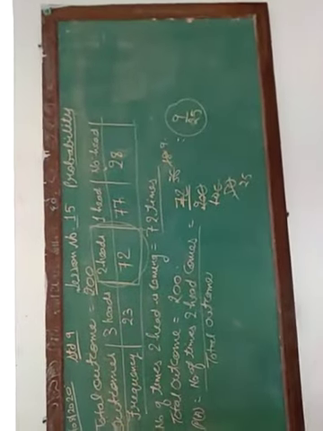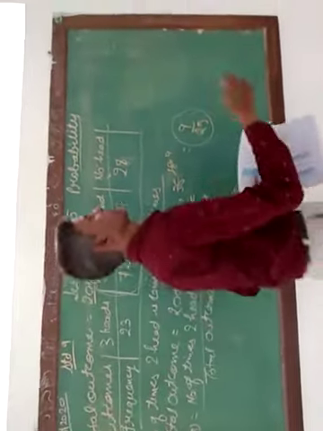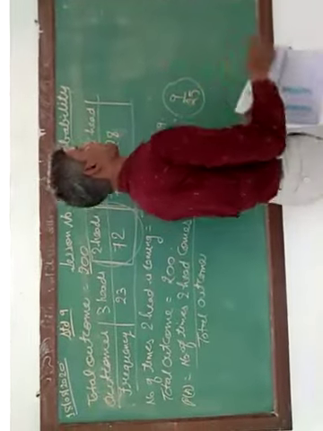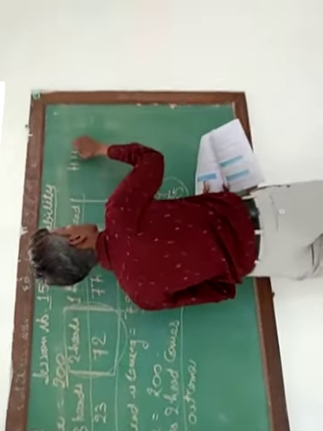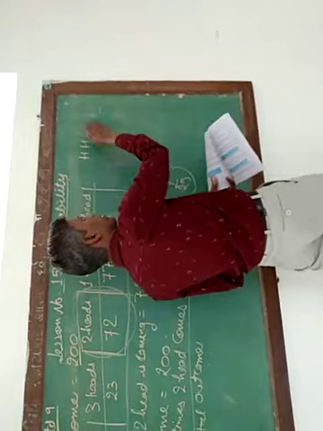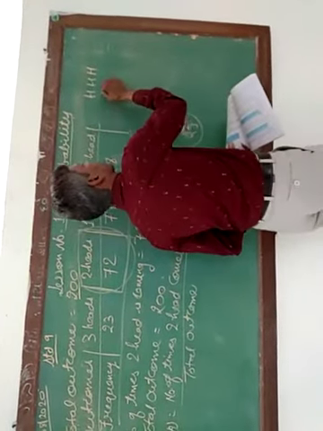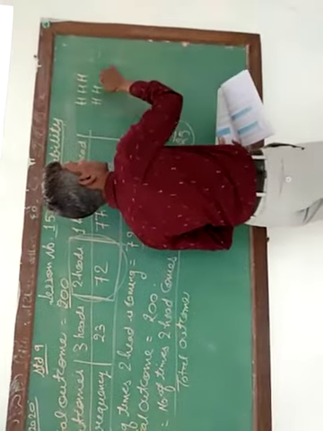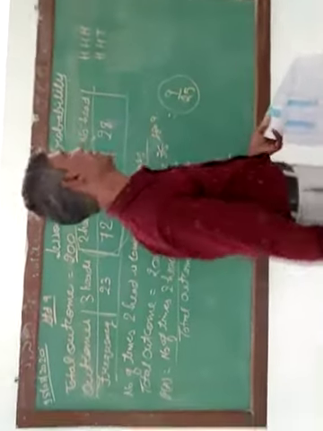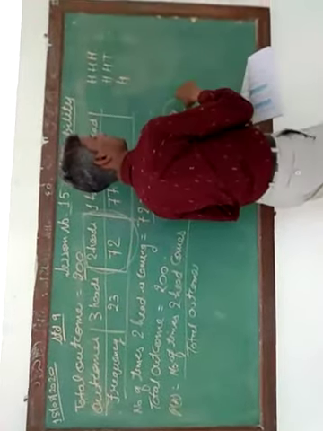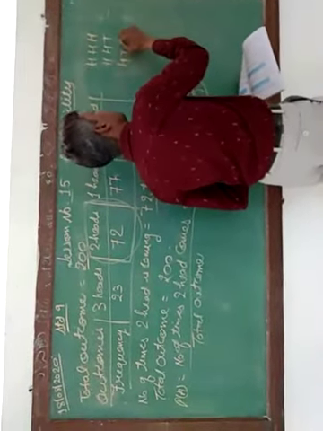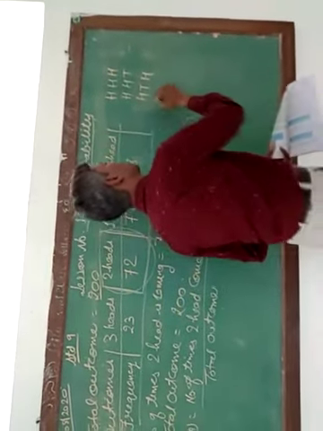What is this 3 heads, I am explaining. If you toss 3 coins at a time, suppose the first coin has head, the second also head, the third also head. Toss again: first head, second head, third tail. Again: head, tail, head.